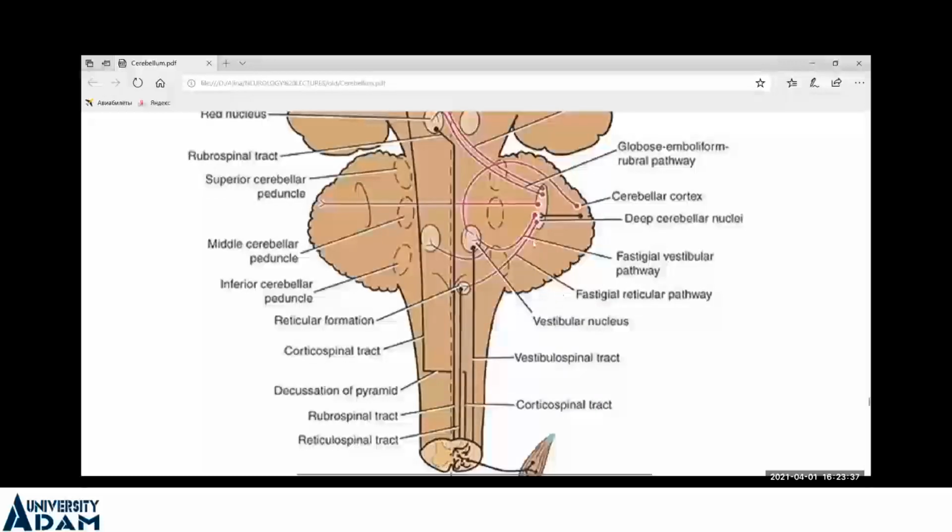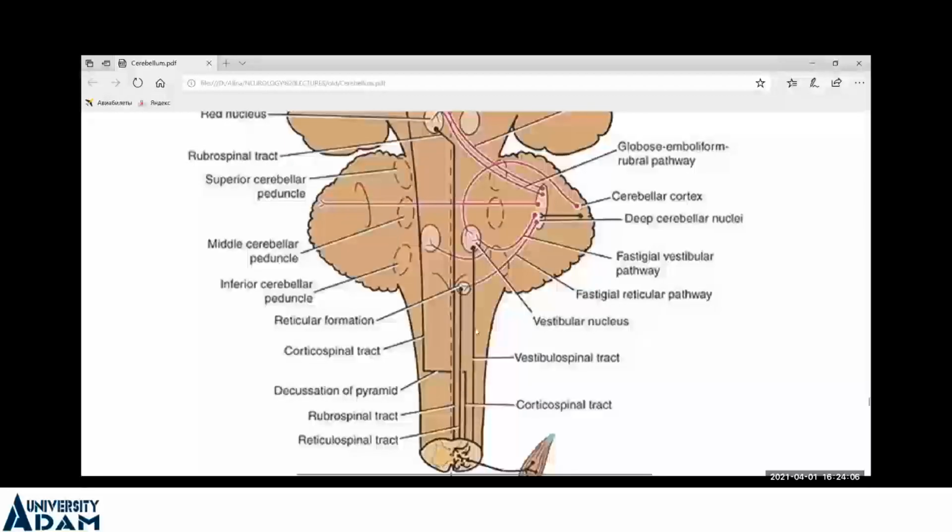And according to the name, it also has the origin like the previous pathway in the fastigial nucleus, okay. And this vestibular reticular pathway, guys, goes to the neurons of the reticular formation. Here we have the reticular formation, and the reticulospinal tract goes to ipsilateral motor neurons in the spinal cord.